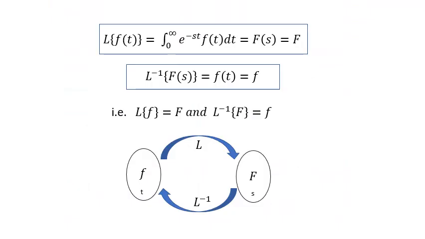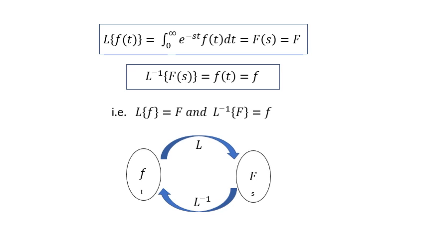We know that Laplace of f of t is defined as the integral from 0 to infinity of e raised to minus st f of t dt. That is taken as capital F of s or simply capital F. So we can consider the inverse Laplace transform as L inverse of F of s is equal to f of t, or simply small f. So Laplace of small f is taken as capital F and Laplace inverse of capital F is taken as small f.